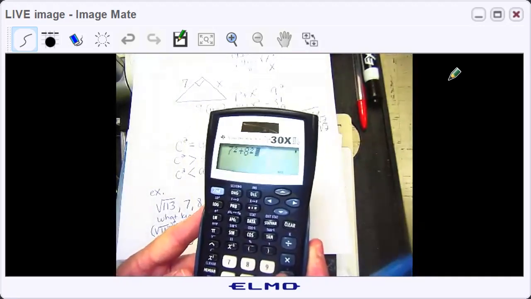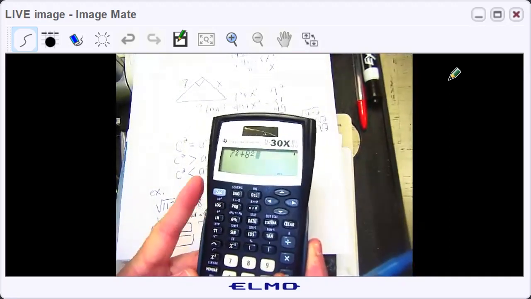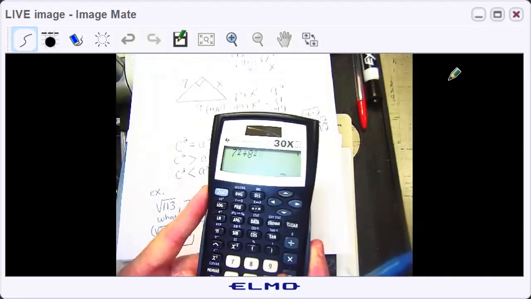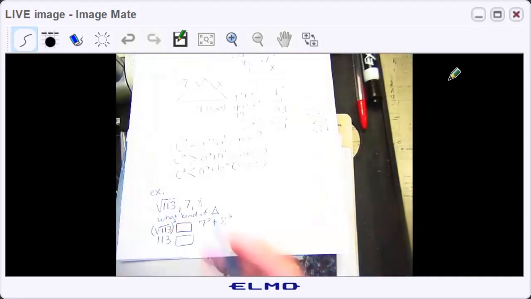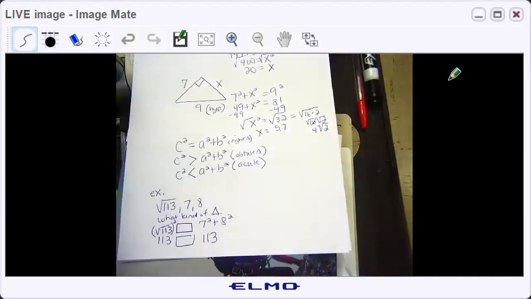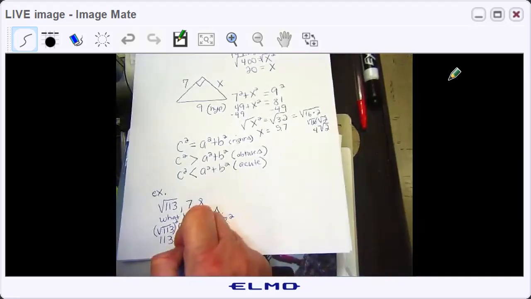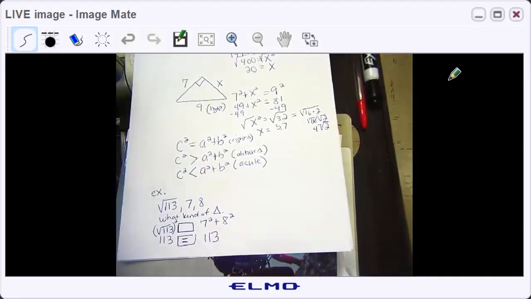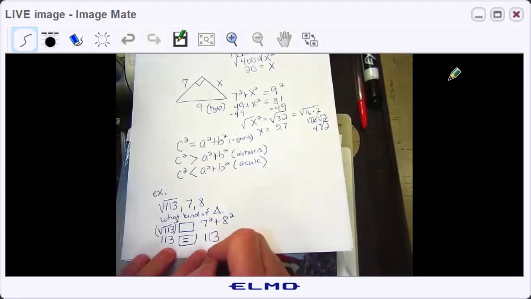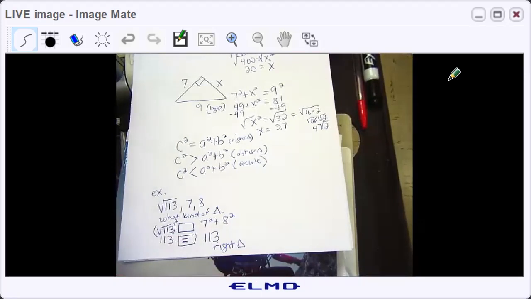See how that's set? It's not square root anymore because I didn't use the blue button. So 7 squared plus 8 squared, that's going to be 113. Well, voila, I got 2 numbers that are equal. So if your numbers are equal like that, after you've done the math, then you can say it's a right triangle. So that would be a right triangle.